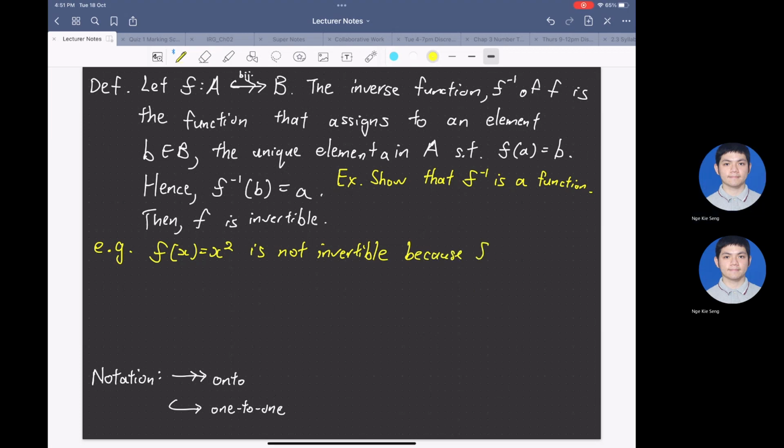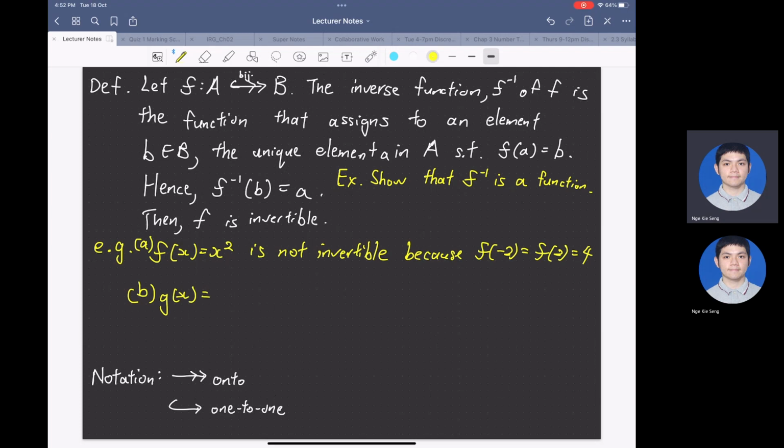Because f(-2) equals f(2). If I give you 4, you should send 4 to -2 or to 2. You cannot send to both of them, so you cannot define this inverse function.